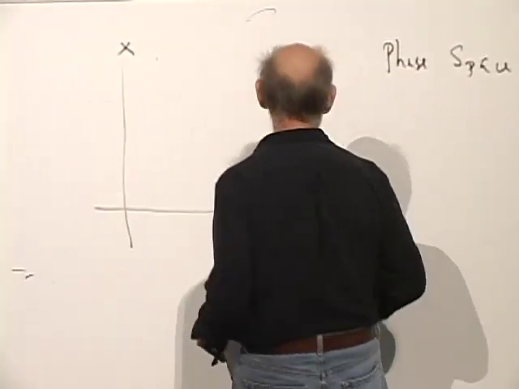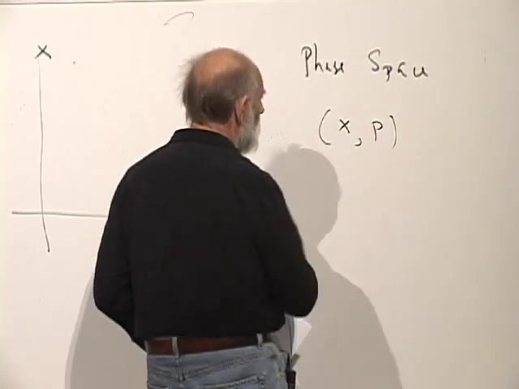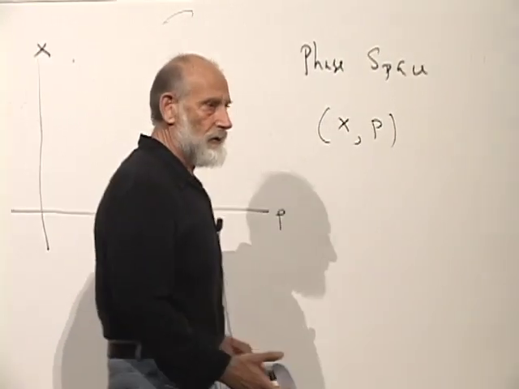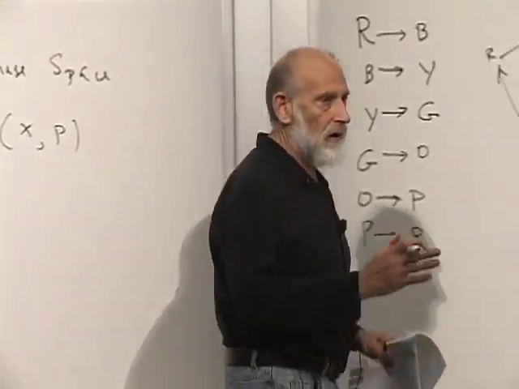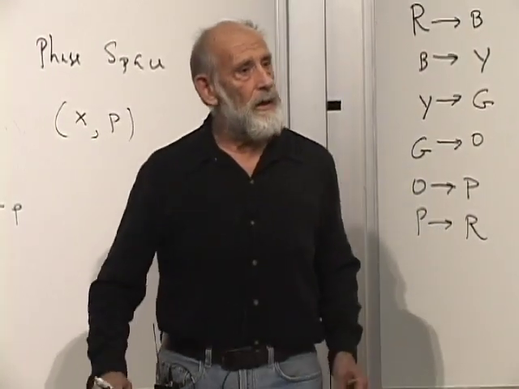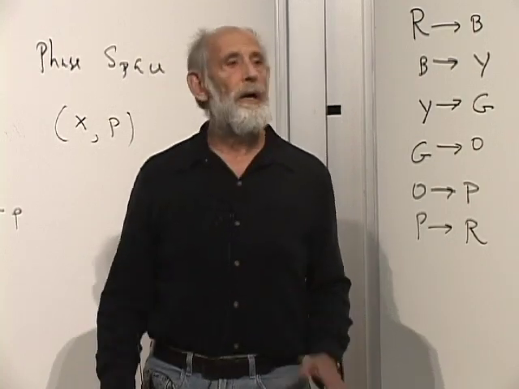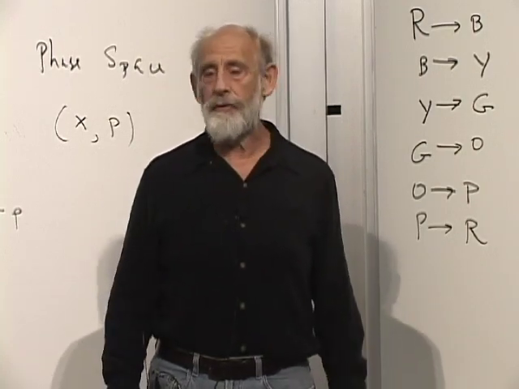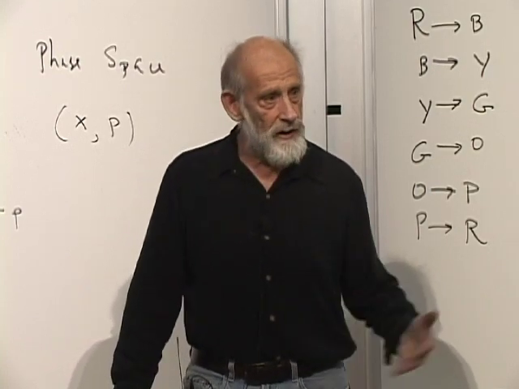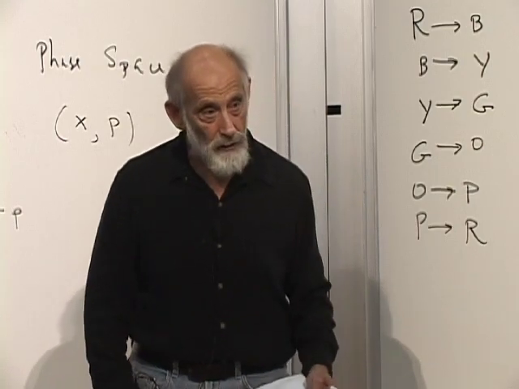So for a single particle, the x's and the p's are like the color of the face of the dice. It labels a state of the particle. For a many-particle system, there are many x's and many p's. If there are 10 particles, how many x's are there? 30. x, y, and z for all 10 particles, and px, py, and pz for all 10 particles.